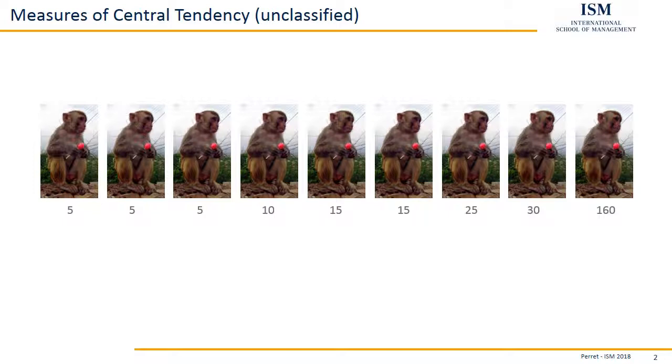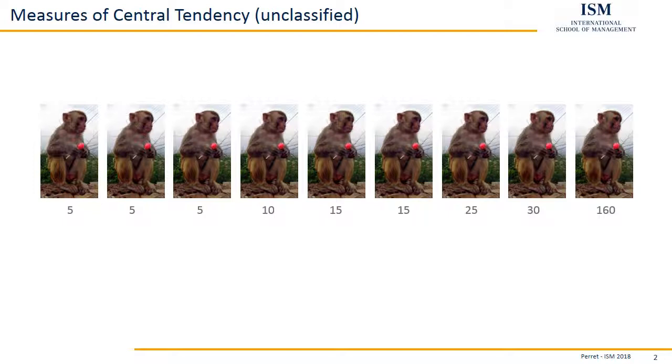The first one we have, that's the so-called mode. The mode is defined as the most frequent value. If we take a look here, we have 3 monkeys with 5 lollipops, 2 monkeys with 15, and all the others have only 1.